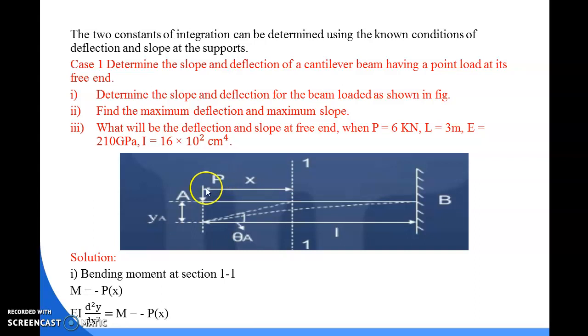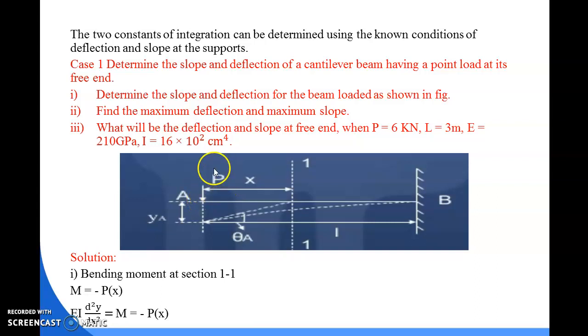For the bending moment, we know that the bending moment is equal to load into distance. Here the load is P and the distance up to this section is x. So P into x is the bending moment for section 1-1. The sign of the bending moment depends on the type of moment.